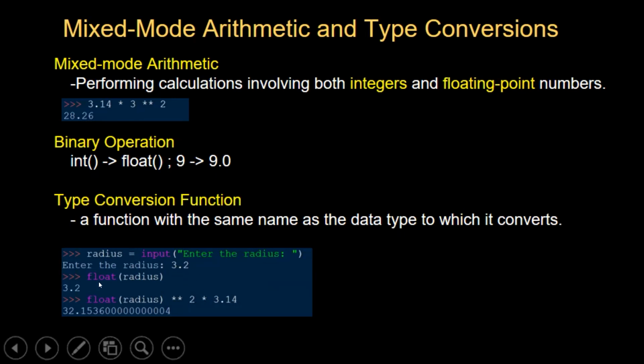If we type float of radius, it will result in 3.2 exactly. But in some cases Python will round up or round down the value, so we will check that later on.